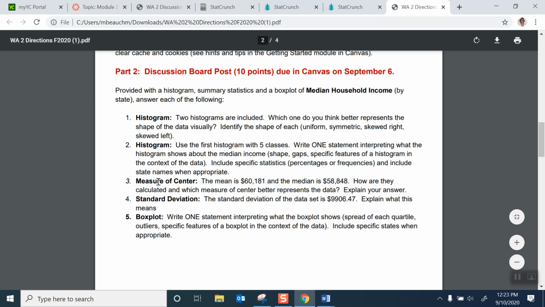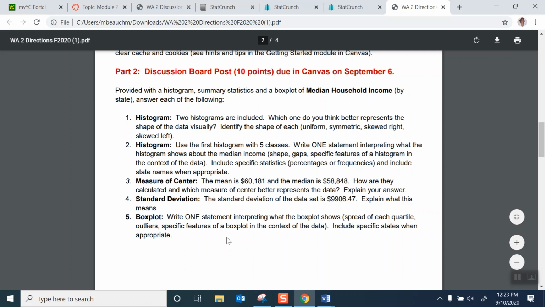Number 3 is going to ask you about measure of center and what the mean and the median are. So you'll explain how they are calculated and which best represents the data. Then number 4 gives you the standard deviation of the data set. You want to explain what that means. And then the box plot, write one statement interpreting what the box plot shows.